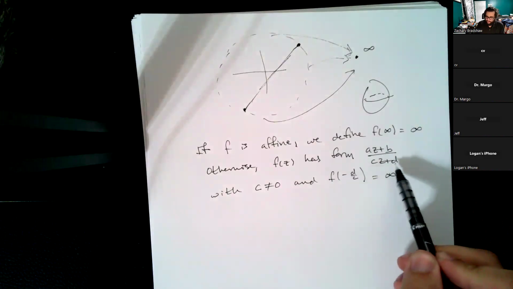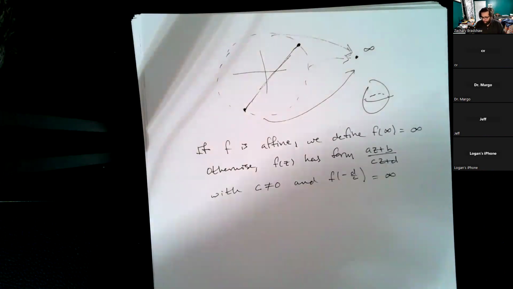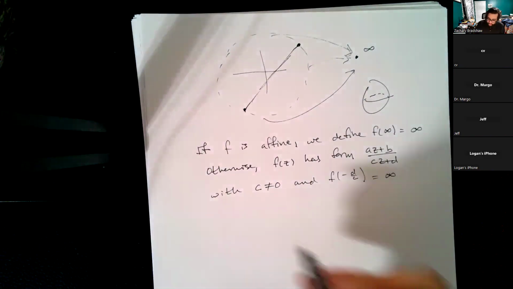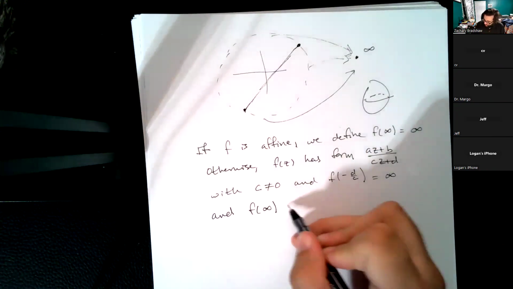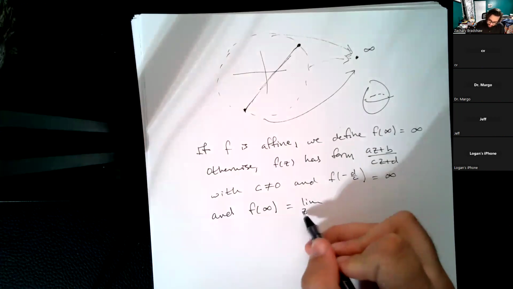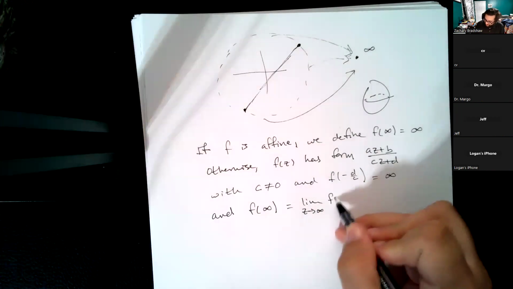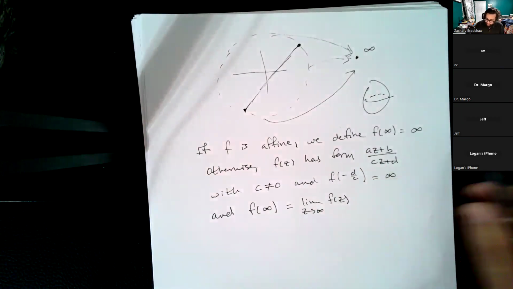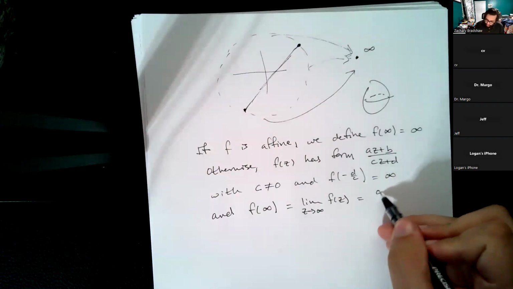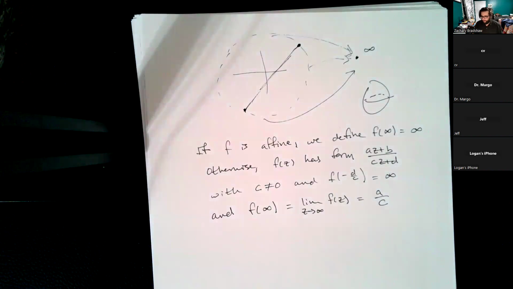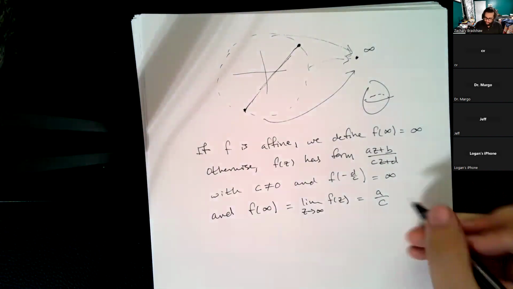So plug in minus d over c, the denominator goes to 0. Right? So this is, again, the thing that we would expect. And we take f of infinity to be equal to the limit as z goes to infinity of the fractional linear transformation, which is just going to be a over c.